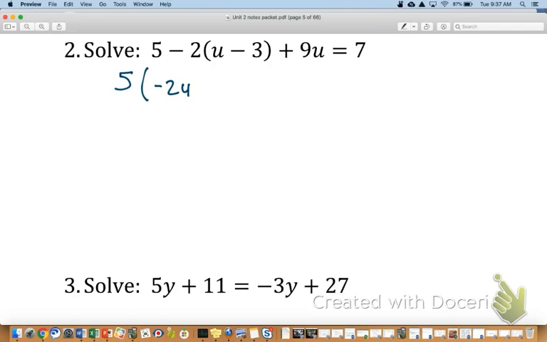I would say, and I'm going to make a blanket statement here, anytime you fully complete a distributive property, I really think you should get rid of the parentheses. I think there's potential for confusion there. So I would say, if you did 5 minus 2u plus 6, I think this makes a lot of sense. Keep going. Sorry, I talked over you. 9u equals 7. Nice. Okay.